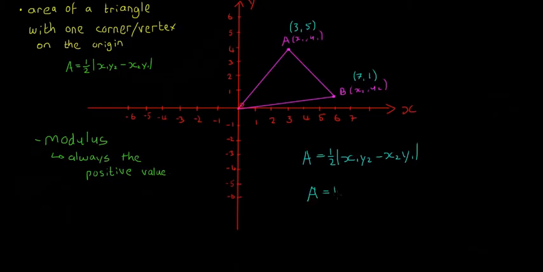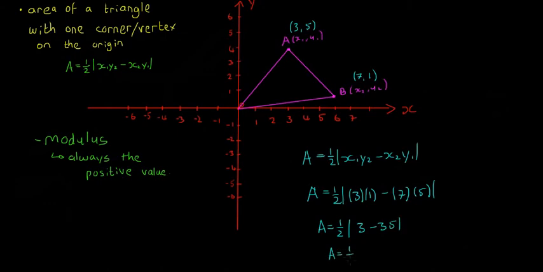So A is equal to half multiplied by x1, which is going to be 3, y2 is going to be 1, minus x2, which is going to be 7, and y1 is going to be 5. So that means A is equal to half of, that should be modulus, 3 minus 35.